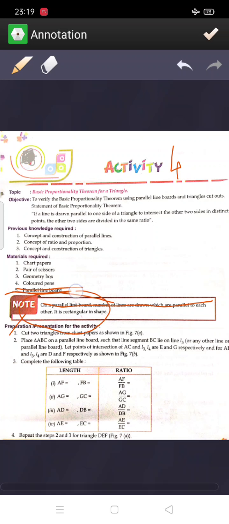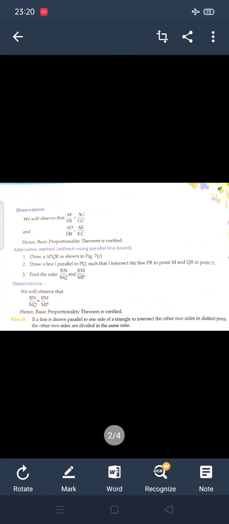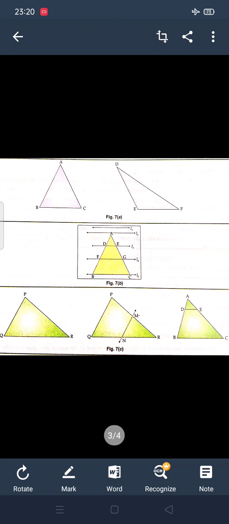Presentation of the activity you will write. So for presentation, let's first understand how they are presenting. I am moving a bit forward. That is the paper cutting of the triangle.